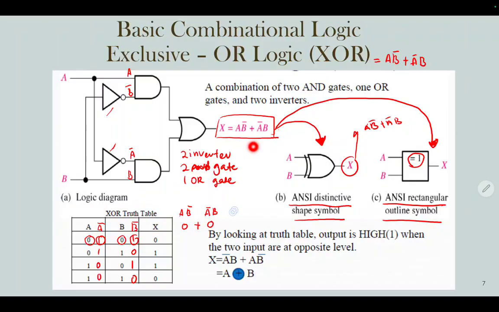Then you plus, you got X here equals 0. Let's take a look at another example. A B bar, 0 times 0, 0, plus A bar B, 1 times 1 equals 1. 0 plus 1 equals 1. So you got 1 here and here. And then you can try for all the inputs of XOR.